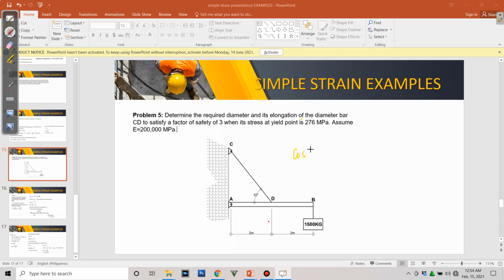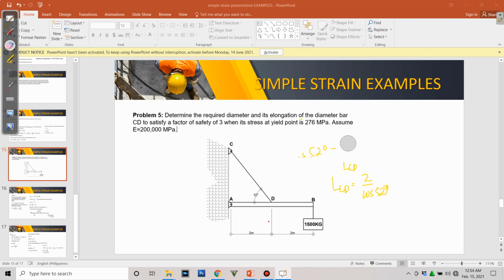Cosine 52 degrees, adjacent is 2, and the length is LCD. So therefore, the length of CD is equal to 2 over cosine 52 degrees.